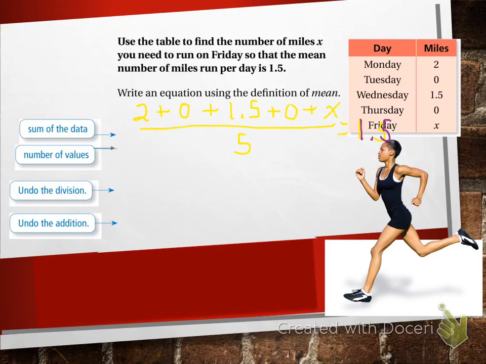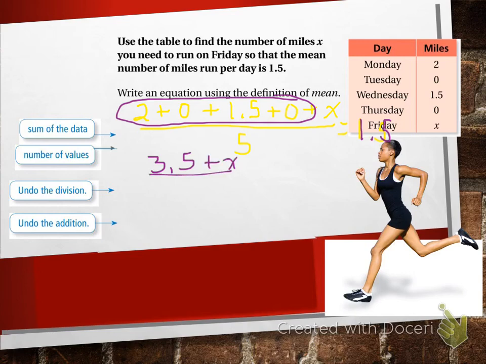Okay, so now that we've got our equation, let's combine our like terms. So right now, all of these are the same. We can combine all of those. And when you add those together, you end up with 3.5 plus x divided by 5 is equal to the 1.5.